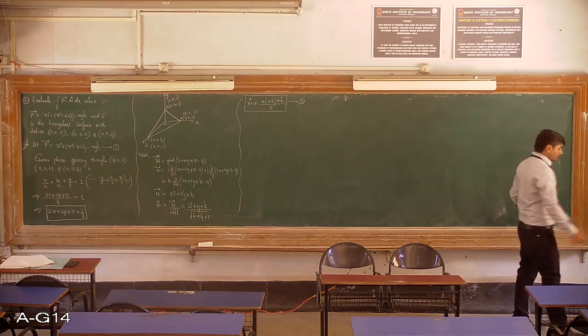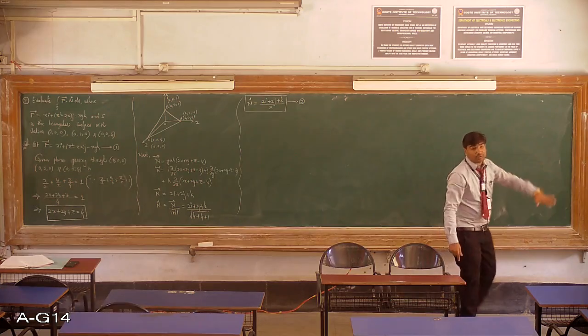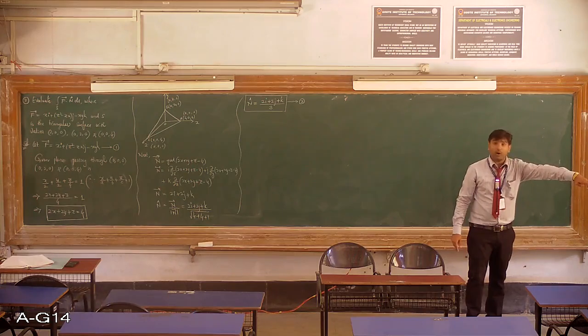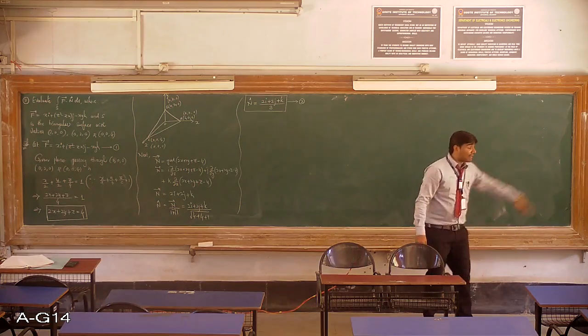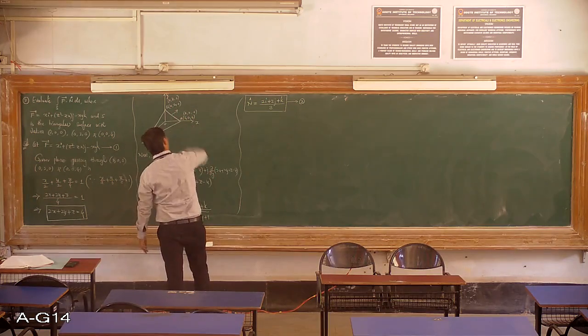For example, this is x and this is y, and if you project it on this, it will cut the given plane like this. Then we need to find that line equation. So later we can find that.